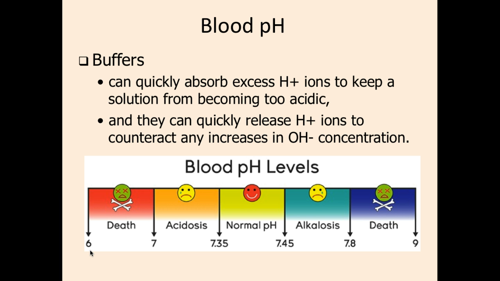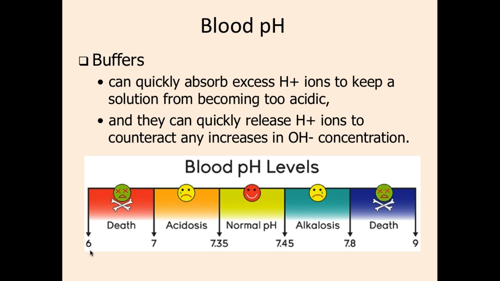So it's important that our bodies have mechanisms to absorb excess hydronium, excess of those H pluses, to keep our bodies from becoming too acidic. And we do have enzymes and other molecules that are able to absorb excess H plus. If our blood becomes too basic, there's an increase in the OH minus, the hydroxyl ions, then we can also release additional H pluses into the bloodstream to counteract that.